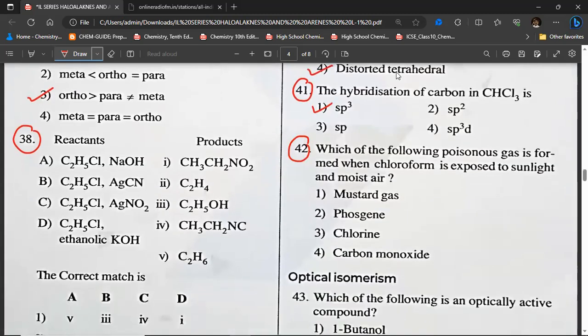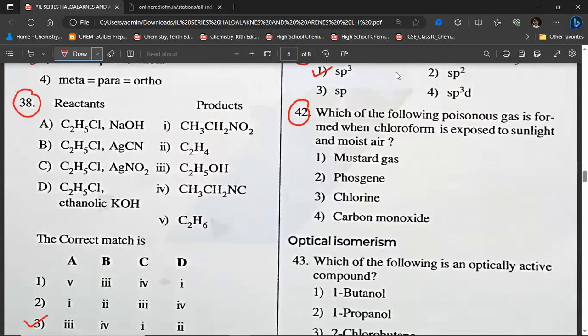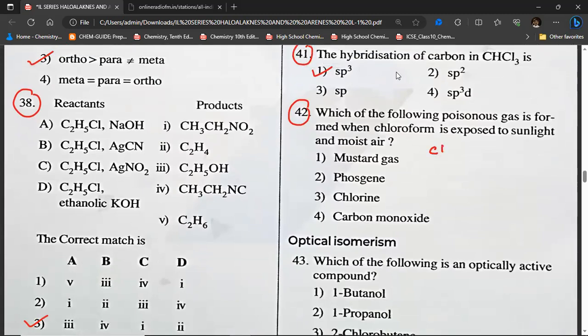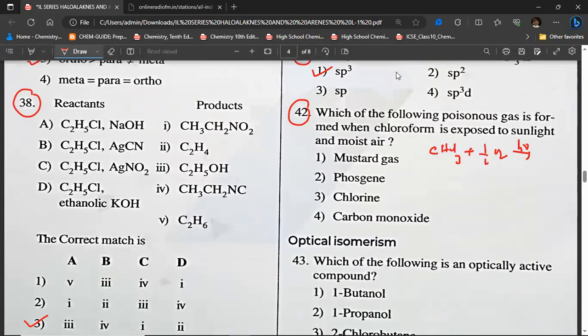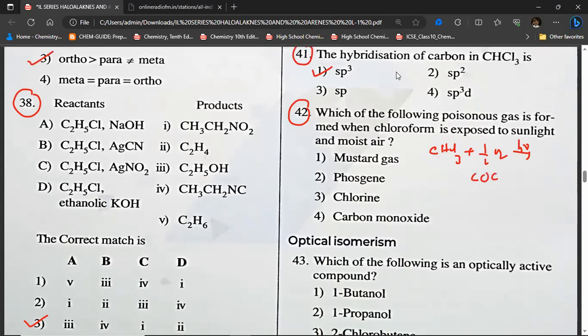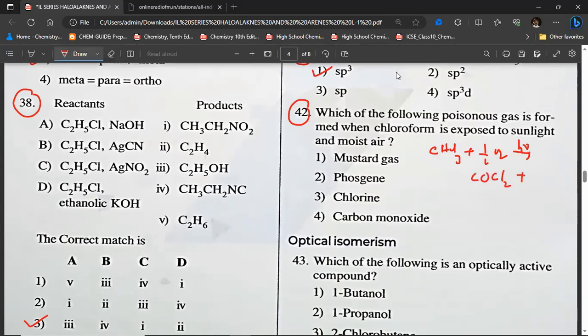Which of the following is the poisonous gas formed when chloroform is exposed to sunlight? Chloroform when exposed to sunlight forms phosgene. Half mole of O2 in the presence of hv gives carbonyl chloride with 2 moles of HCl.